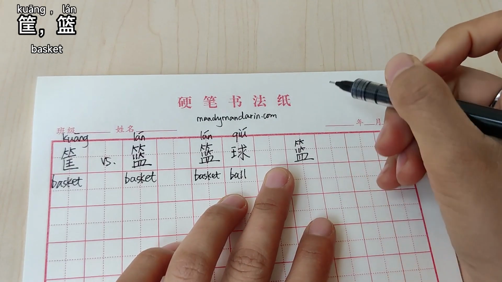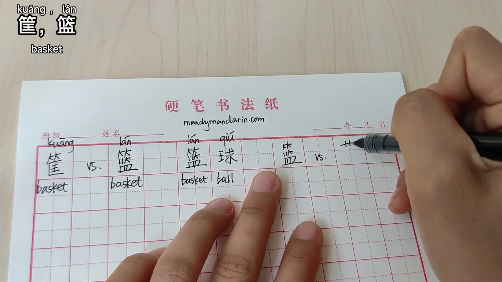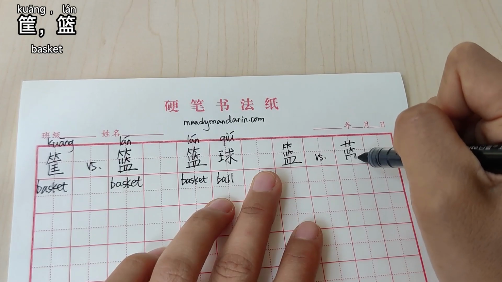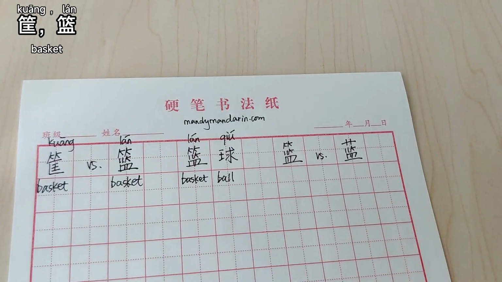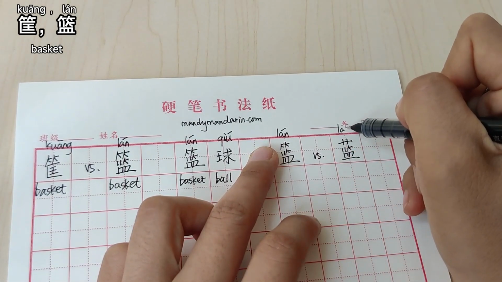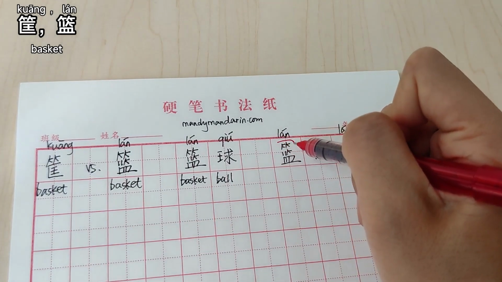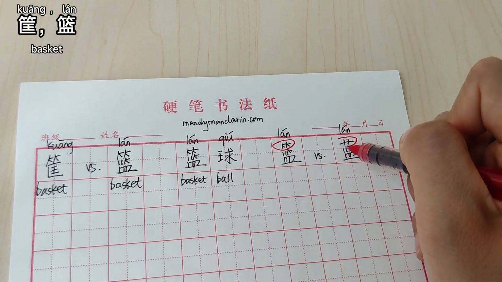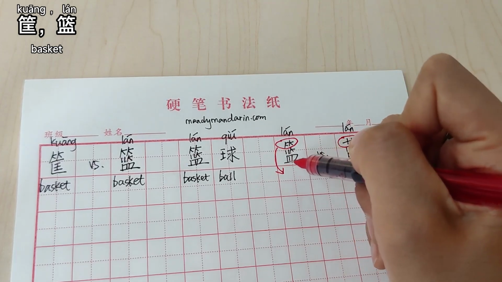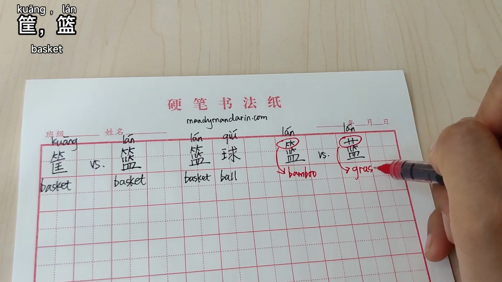And then this has a very similar one. It's the grass radical. And they're all pronounced as 篮. Okay, so the only difference is they have a different radical on the top. This is the bamboo radical. This is the grass radical.